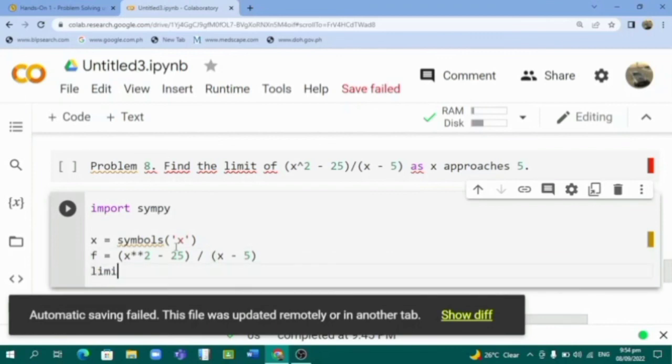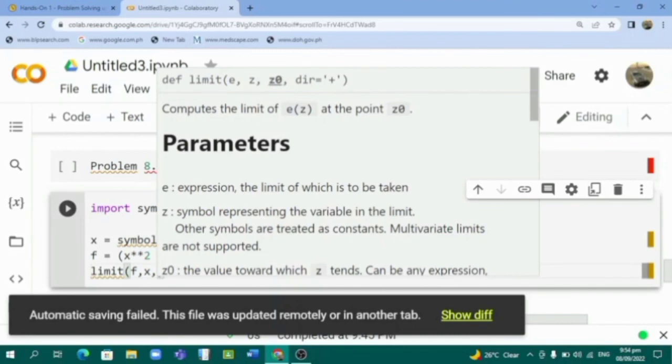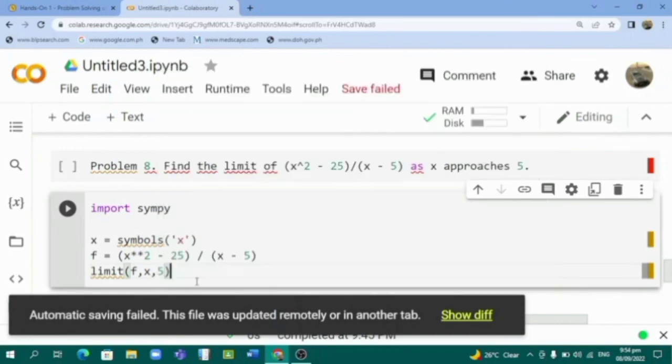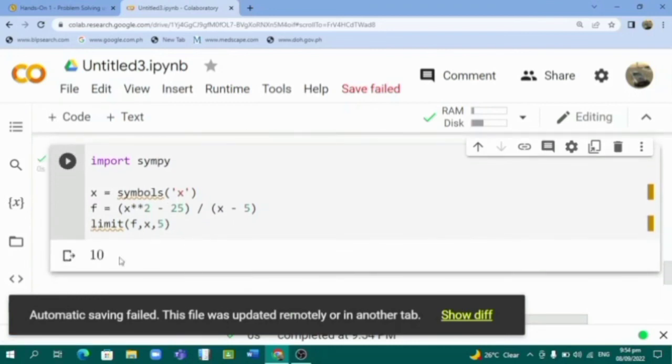And then I type here the limit of f, x as it approaches 5. And we're going to try to run the code. I use lowercase l to solve the value of a limit, and if I change it to uppercase, it will display the expression.